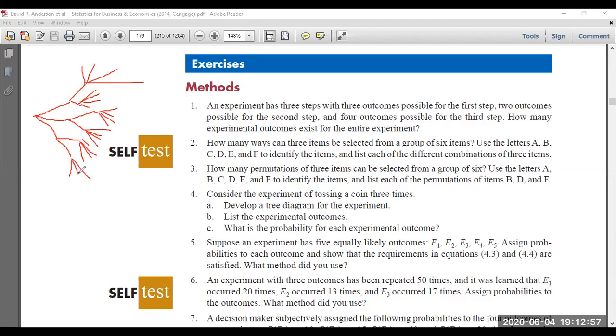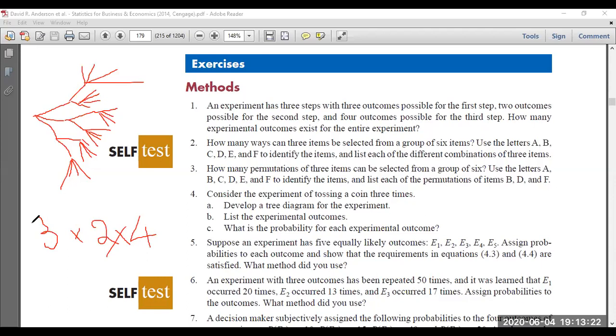I'm not having enough space here. You can do it yourself. But what are the total outcomes? So I had 3 in the first step, multiplied with 2 in the second step, and 4 in the last step.